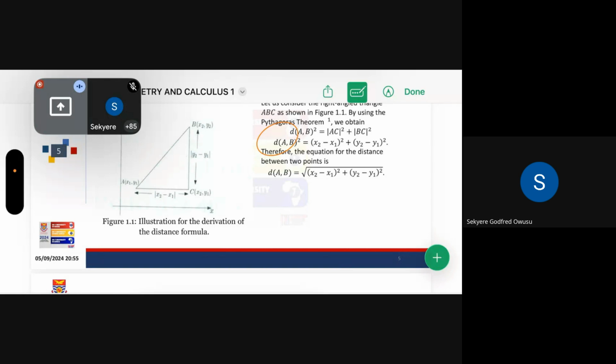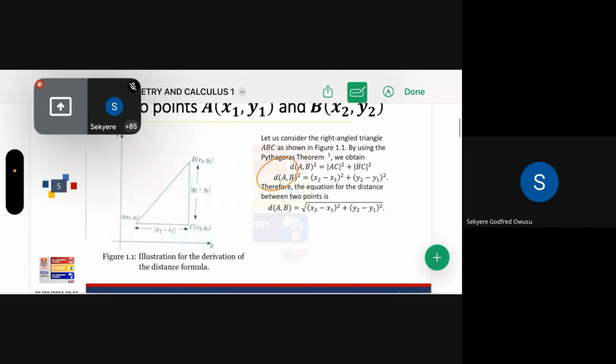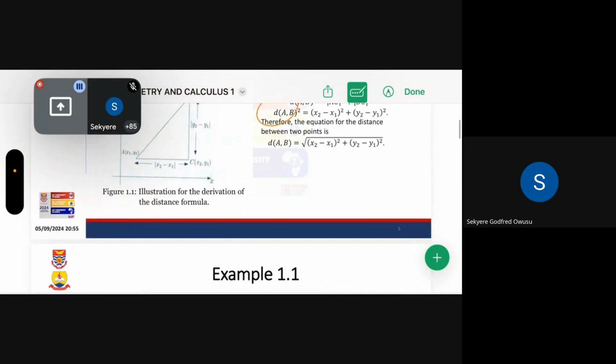But mostly your X1 should be, when you draw the XY plane, the smallest. When you choose A and B, you can see the values for A are the small values. So you choose them to be your X1, X2. But you can decide to make any of them your X1 or X2. You're going to get the same answer. But we know that one comes before two.